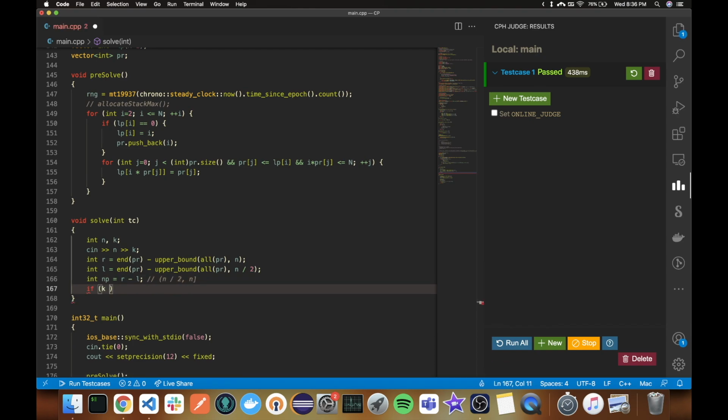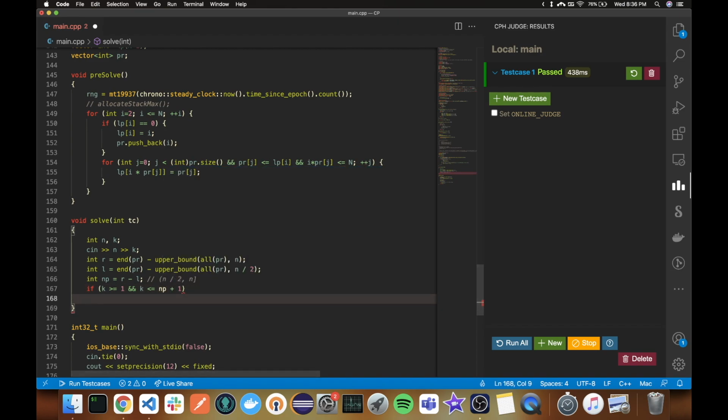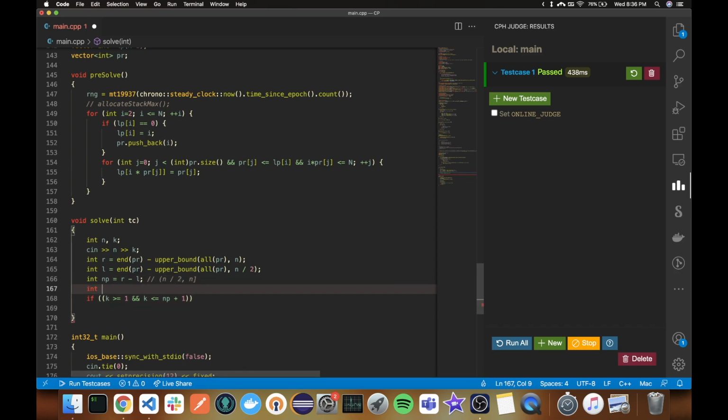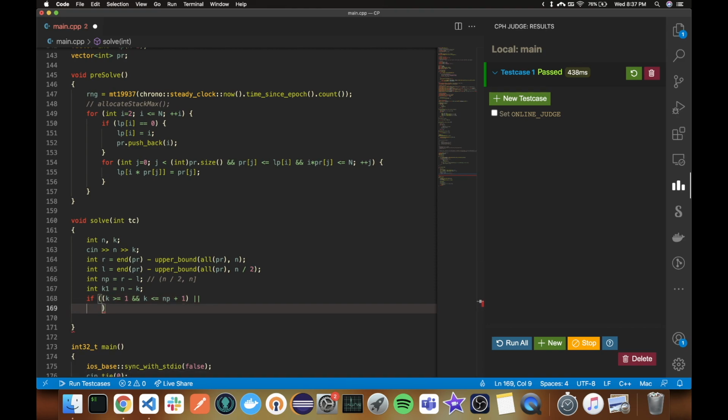Now if k is greater than or equal to 1 and k is less than or equal to np plus 1, then either this is the case, k or n minus k. I can just take the minimum of k and n minus k, but I'll just do it like this, np plus 1.